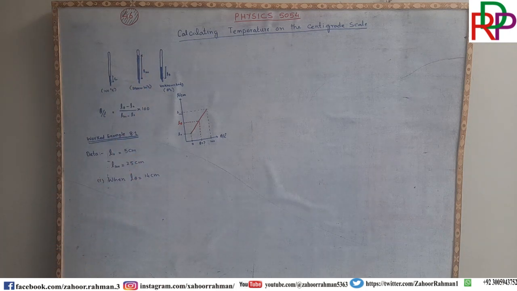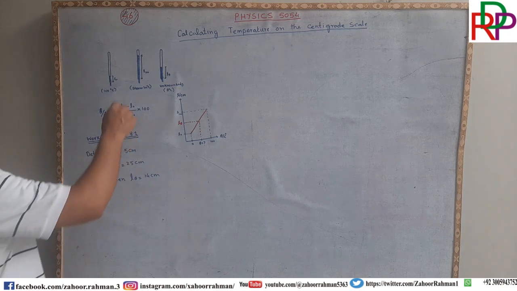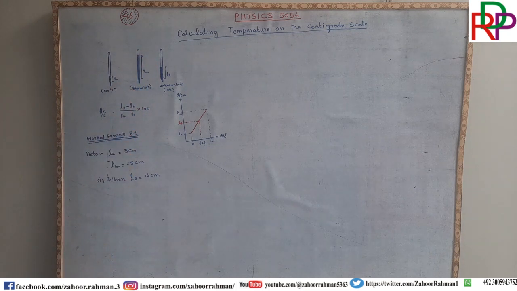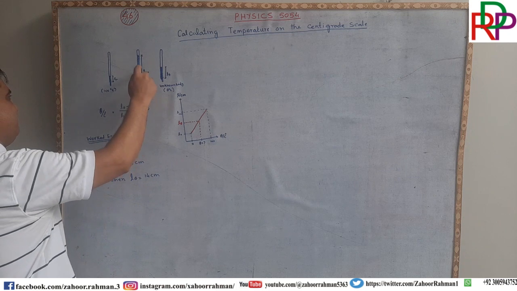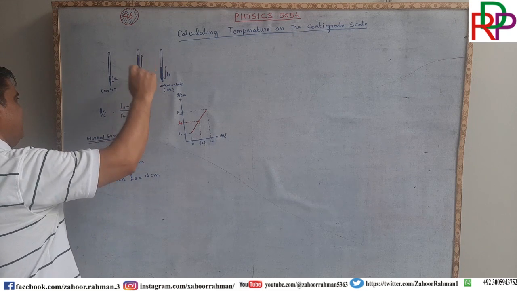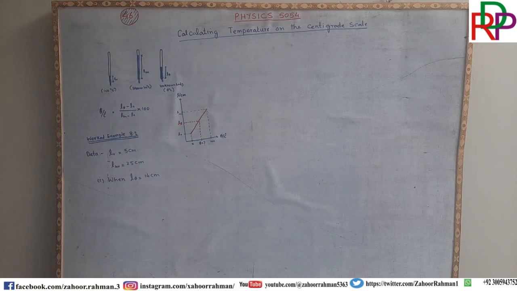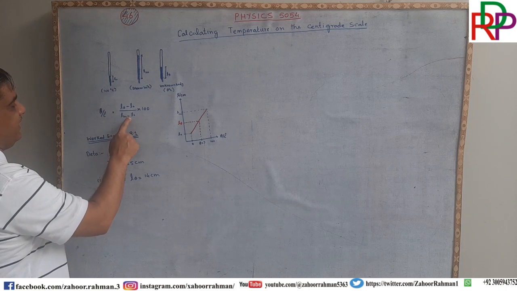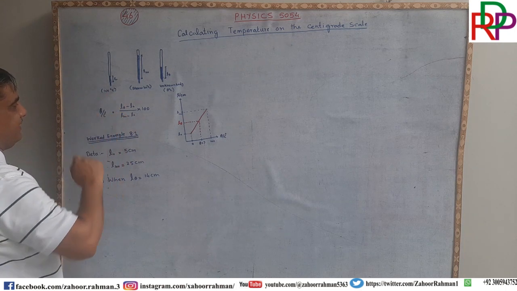When we immerse that thermometer in the steam, we will mark the position of the mercury, and then from above the bulb till that area we have to measure the length, and we have to put that value here, minus L naught again.